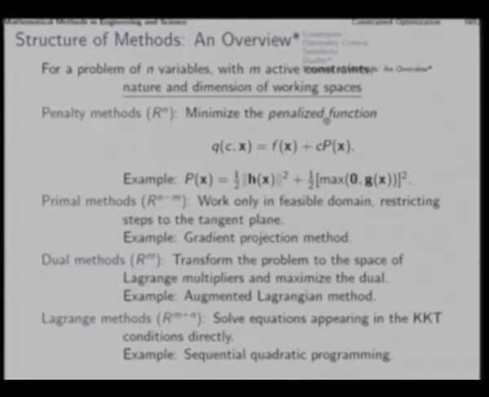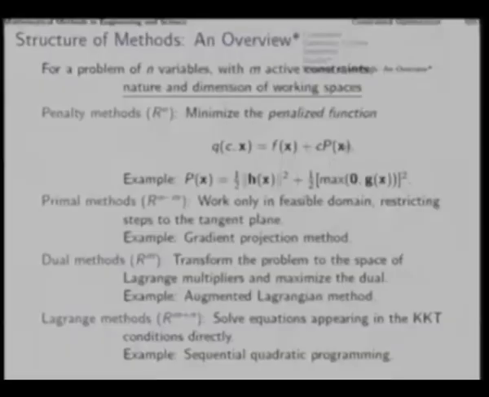So, what we do in the case of constraint optimization in penalty methods is that rather than trying to minimize the original function f(x), we try to minimize a penalized function, which is f(x) plus c times p(x), where p(x) is a well designed penalty function which is 0 or insignificant at those points where the constraints are satisfied, and becomes positive at those points where the constraints are not satisfied.